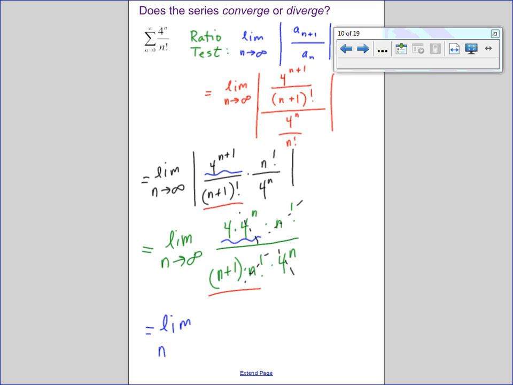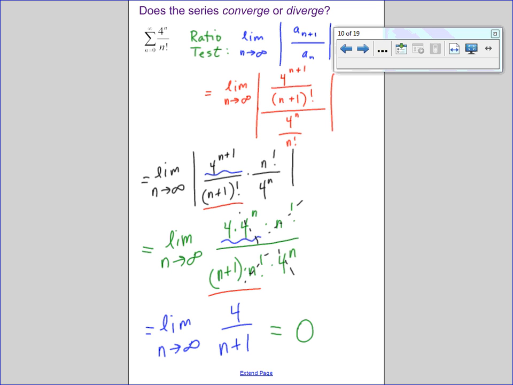the limit as n goes to infinity of, what do we have left on top? 4. Over, what do we have left on bottom? N plus 1. Can we evaluate this limit? Let's see. As n goes to infinity, what happens to 4 over n plus 1? It goes to 0.